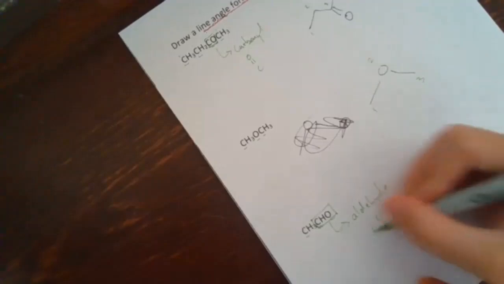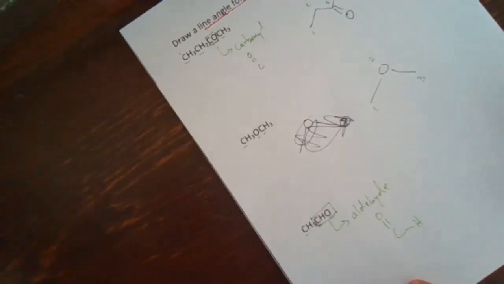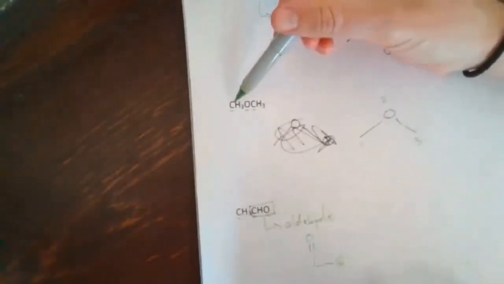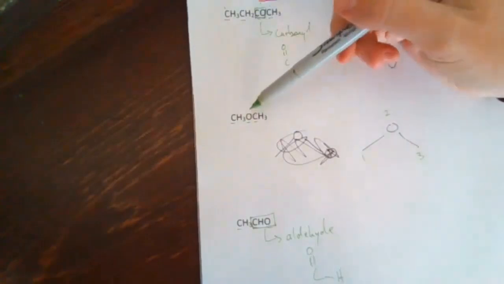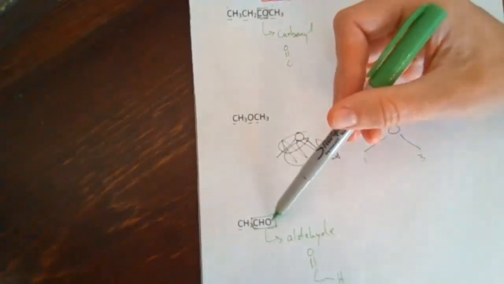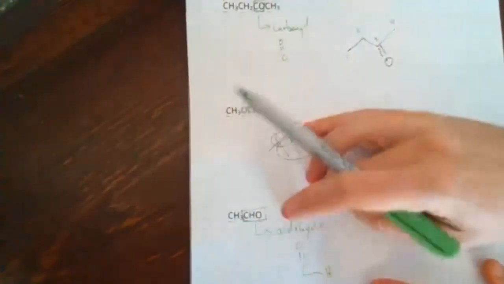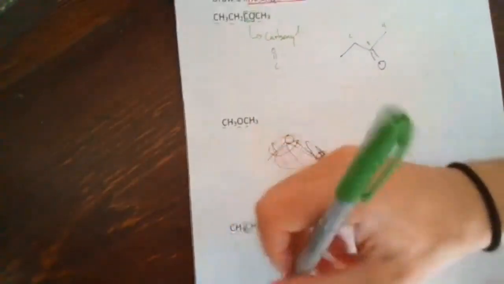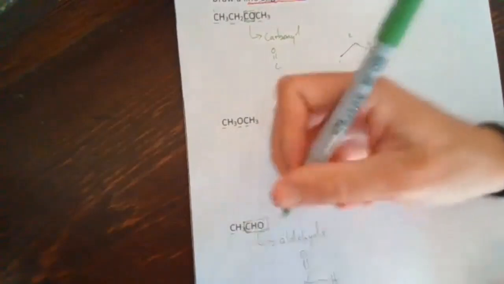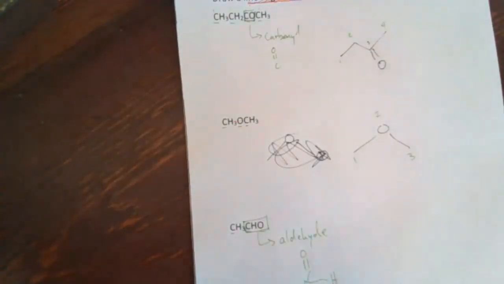So you're going to have a carbonyl where the carbon is bonded to one H. Here it was CH3O, that's ether, or CH2O is ether. CHO is also always on the end of the molecule. It's always going to be on the right side of the condensed formula. With aldehydes, it's always hanging off the side. The rest of the molecule is over here, but there's always this H hanging off the side of the carbonyl.